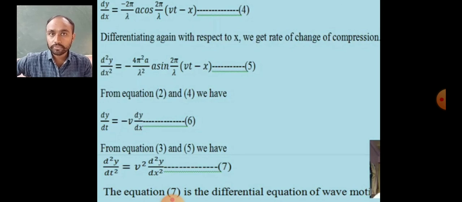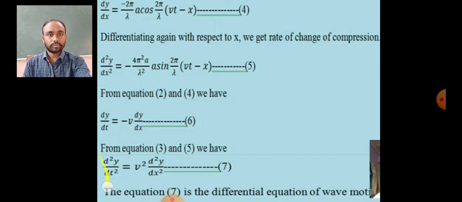Sorry, v is the wave velocity, so v square is the square of wave velocity, and d2y by dx square is the rate of change of compression. So, this particular equation number 7 is known as the differential equation of wave motion.